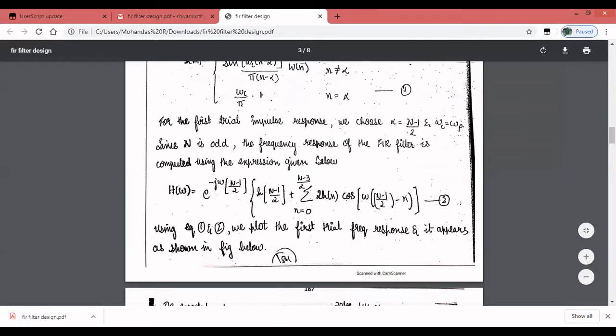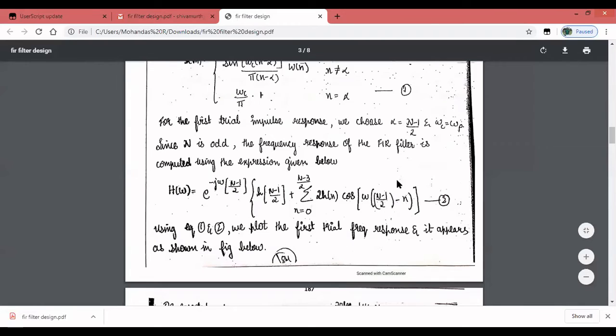Since N is odd, the frequency response of the FIR filter is computed using this formula, which we saw in the very first numerical on FIR filters: H of omega is e to the power of minus j omega (N minus 1) by 2 into [h of (N minus 1) by 2 plus the summation of 2 h of n cos of omega ((N minus 1) by 2 minus n)]. In the earlier numerical I used M, but need not worry, M or N are the same.